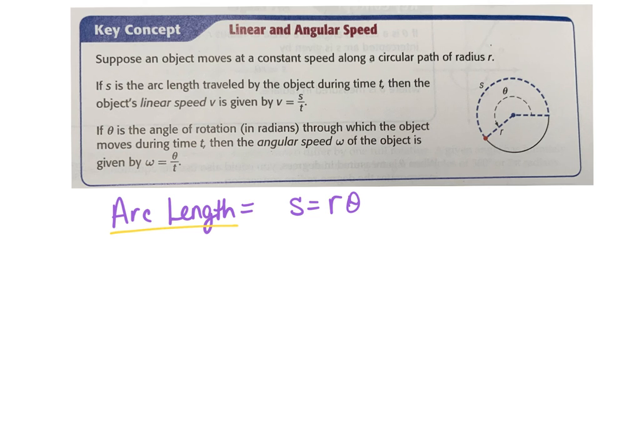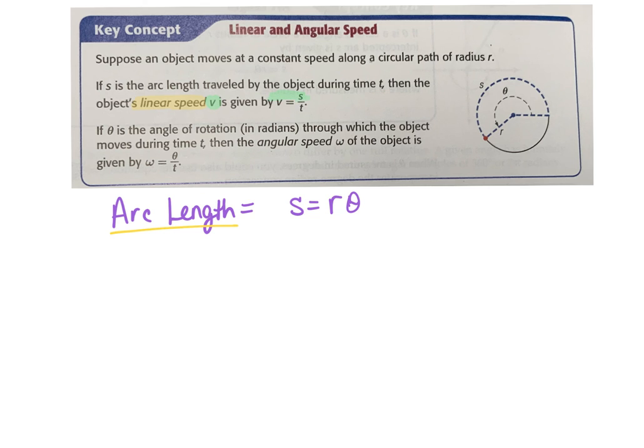The next formula we're going to look at is linear speed. It is represented by the variable v. So your arc length is represented by the variable s. Your linear speed is represented by the variable v, also known as velocity sometimes in physics. Linear speed is given by the formula s over t. What was s? s was arc length.